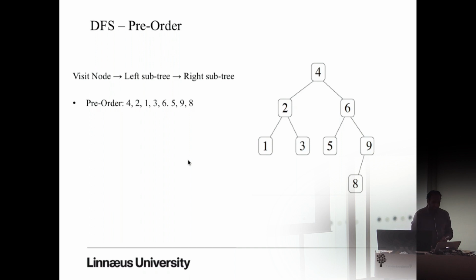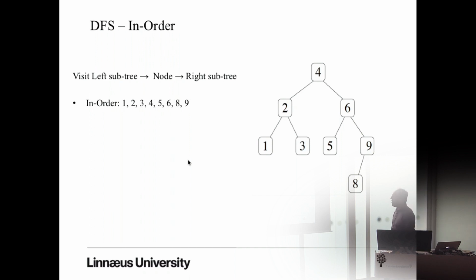On the other hand, if you are visiting in order, you visit the left first, then the node itself, and after visiting the node, you go to the right side. We start from the root node, and we go to the left first, 2. However, we don't print its value or access its value, because we need to visit the left side first.